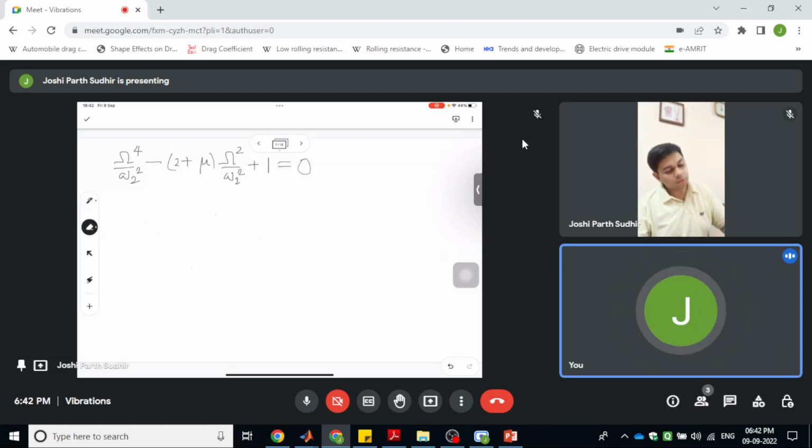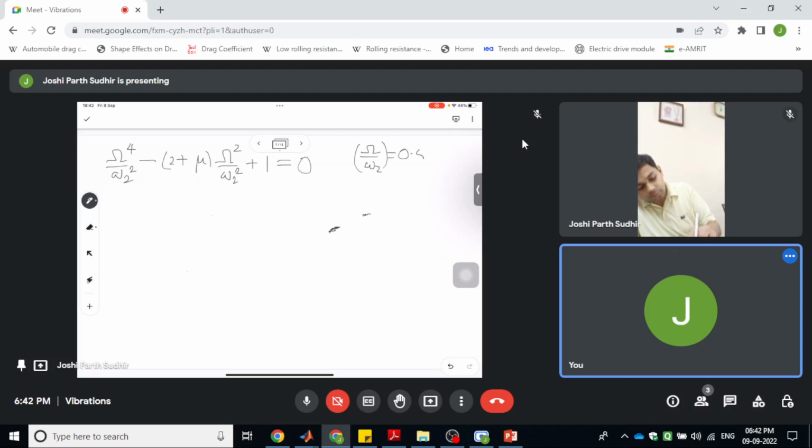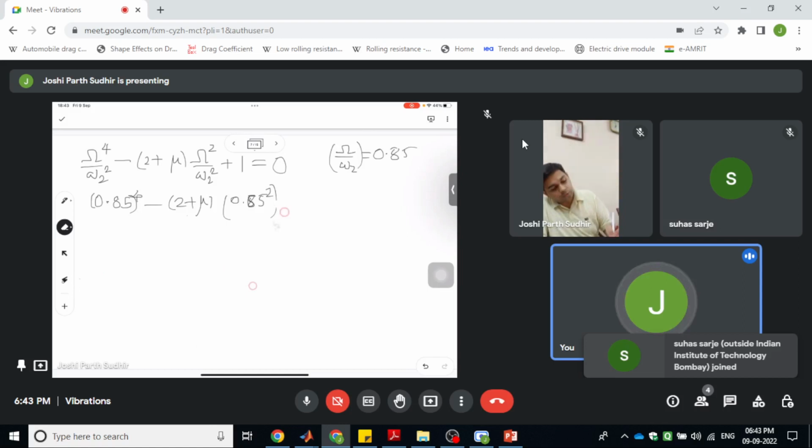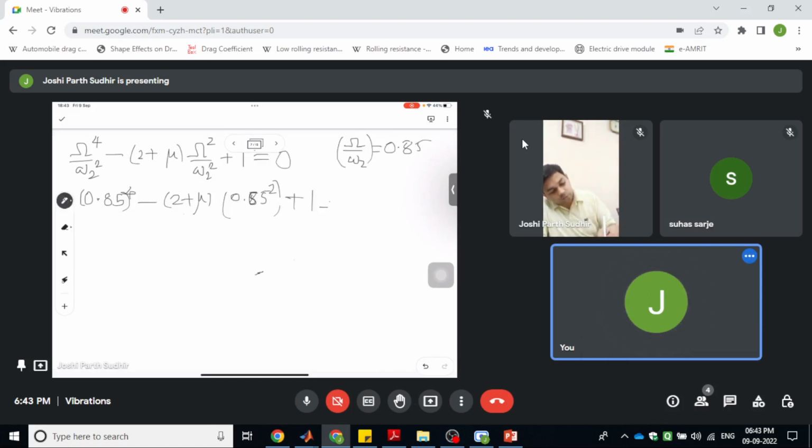So this is the form in which we will get the equation, and if we assume that omega by omega 2 is 0.85, then we will get 0.85 to the power 4, 0.85 square, plus 1 is equal to 0.